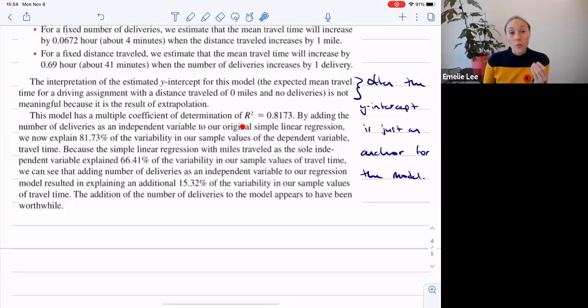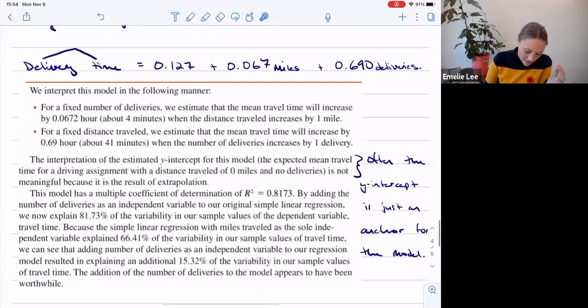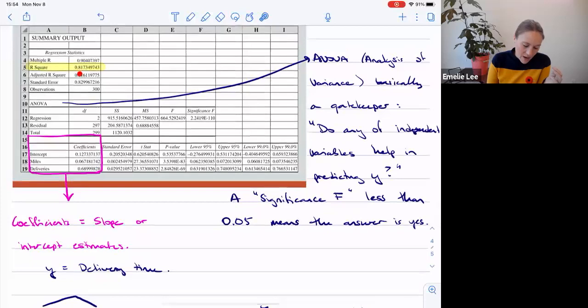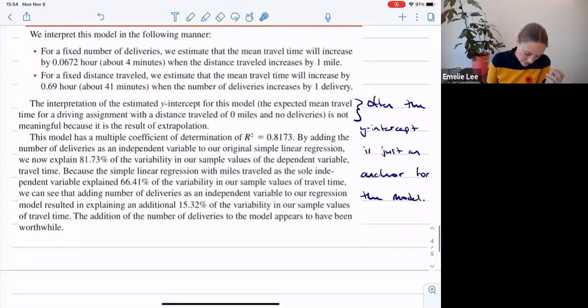So we can find, and we'd use software for this, the r-squared, and it's here in the output. We have an r-squared of 81.73%, or to 4 decimal places, 0.8173. So that's our r-squared. And so the only thing that's different here is that we've added the number of deliveries to the model.